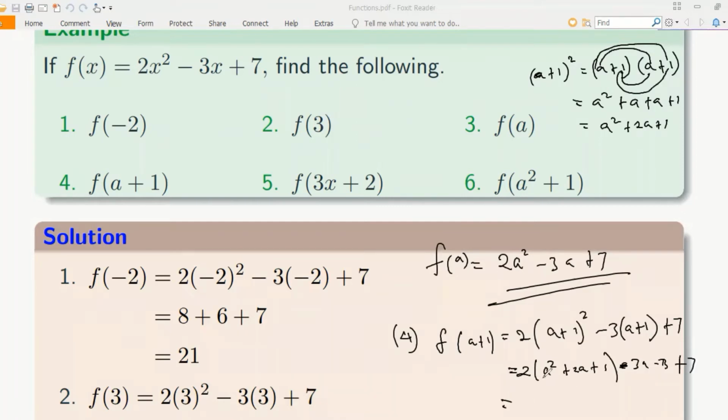You can also expand this now to get 2a squared plus 4a plus 2 minus 3a minus 3 plus 7, and collect like terms. That's all you can do.